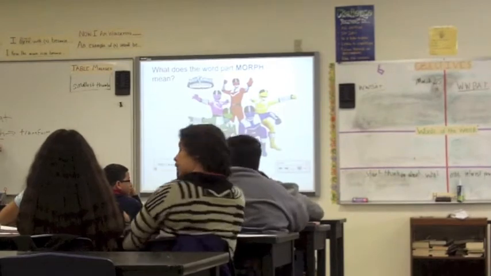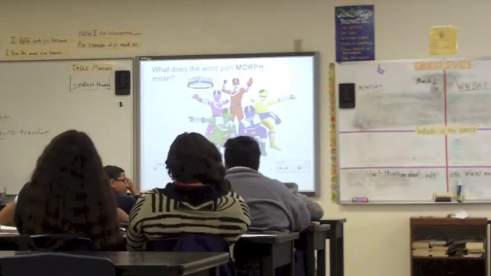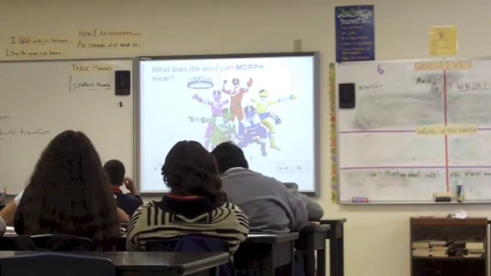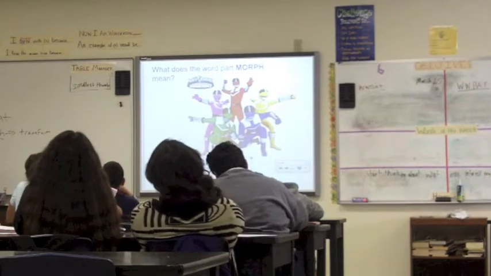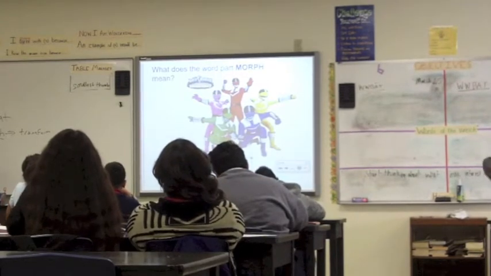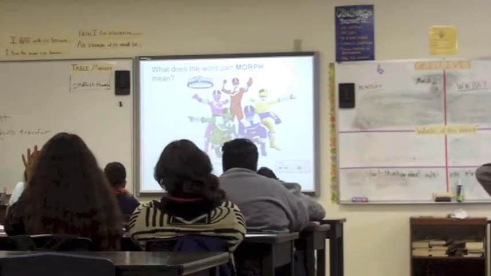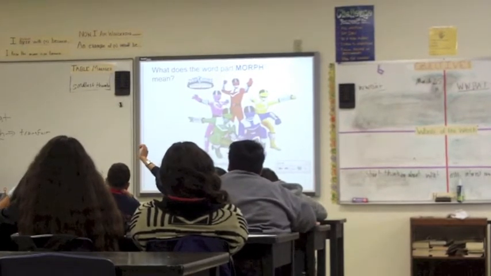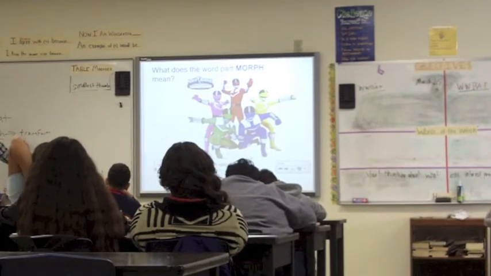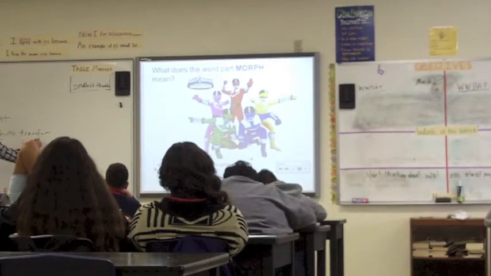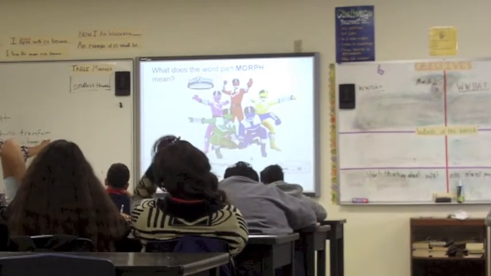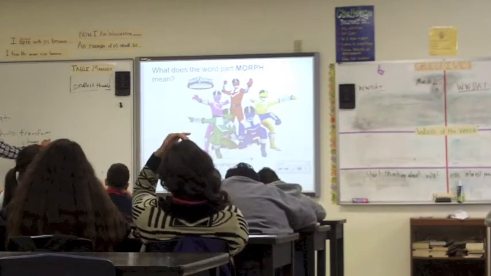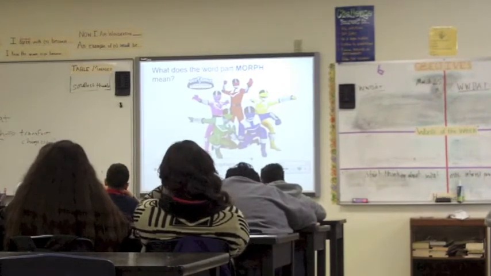What does morph mean based on that sequence of events? Change. And it can be shape or something else. Okay? So keep that in mind.